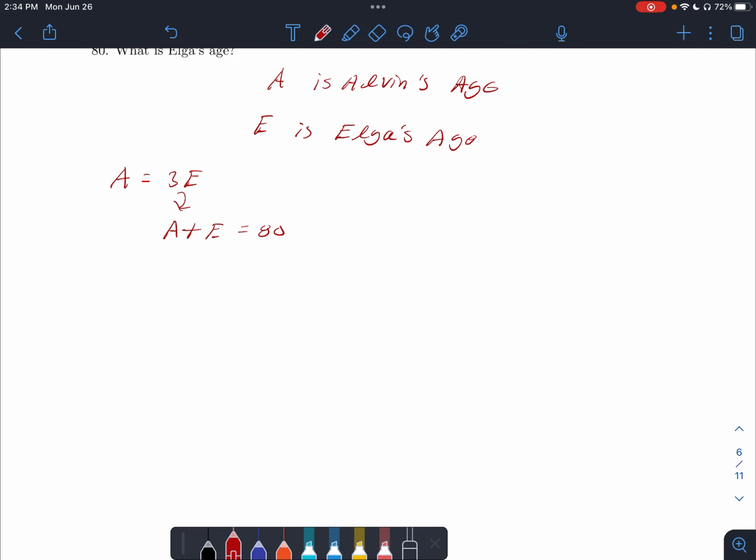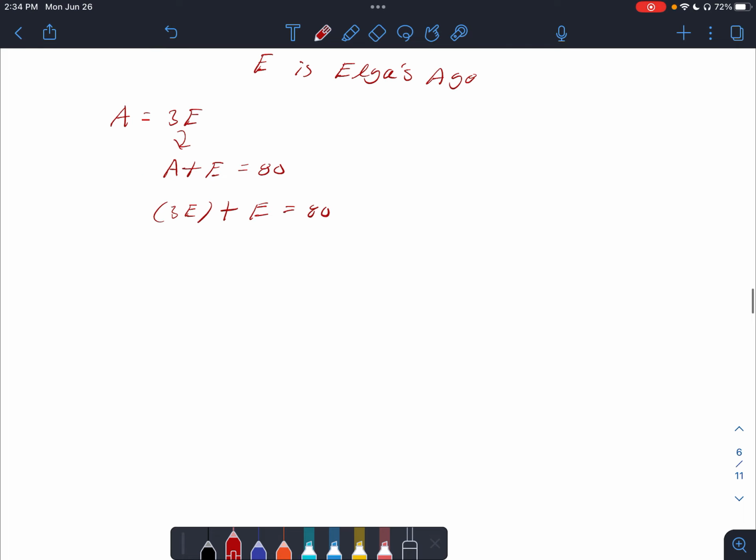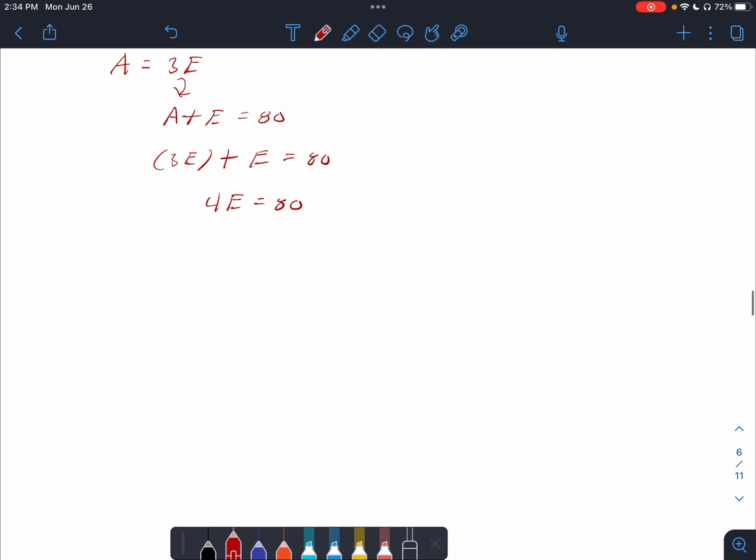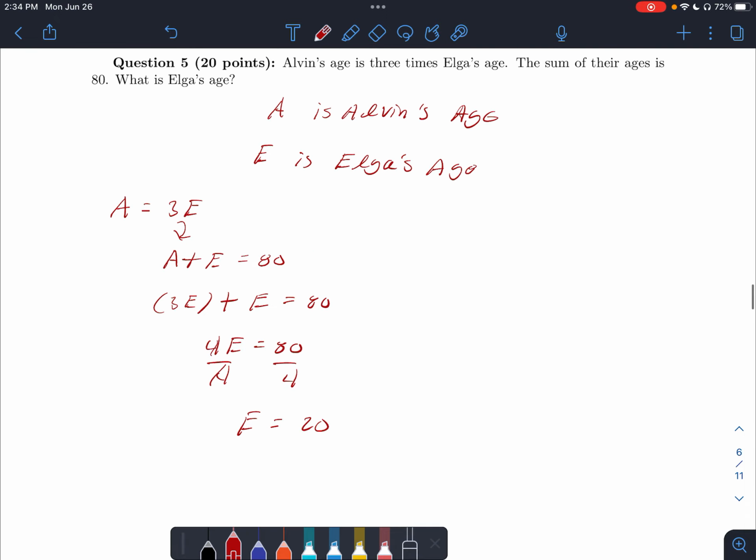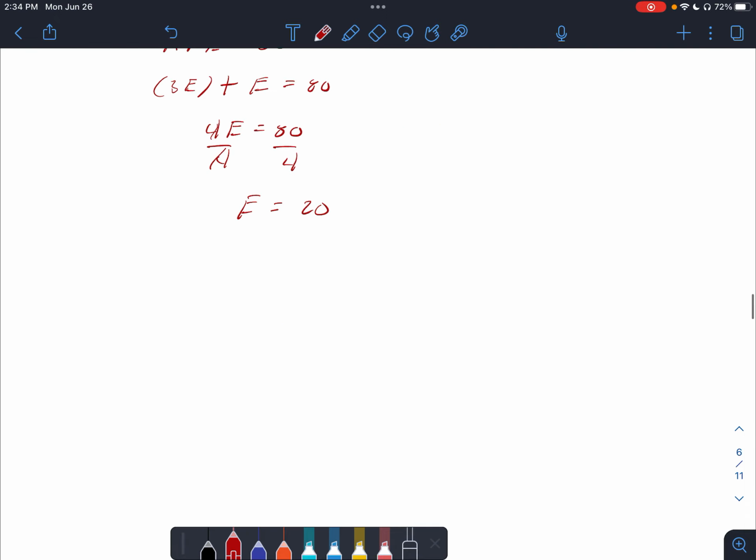So we'll have 3E plus E is equal to 80. So we get 4E is equal to 80. We can divide both sides by 4, and we get that E is equal to 20. So we know that Elga's age is 20.